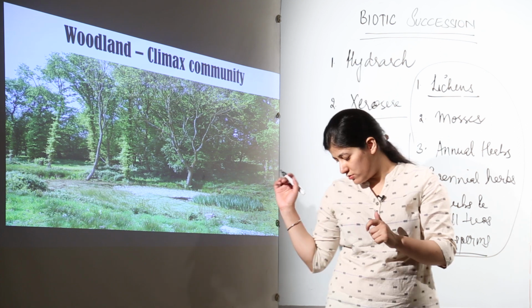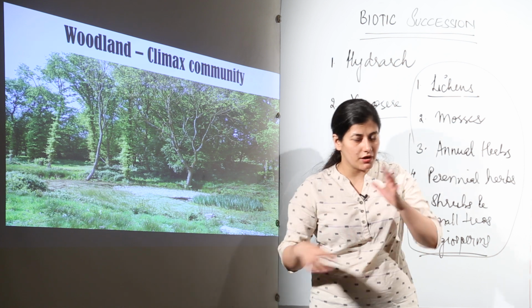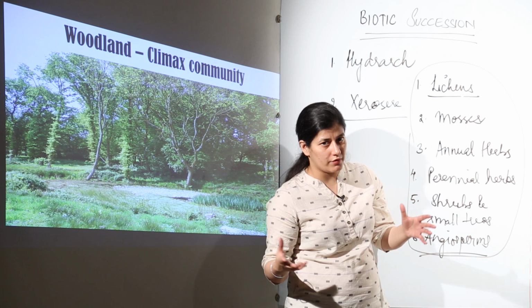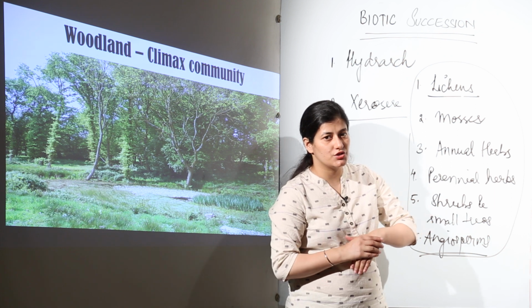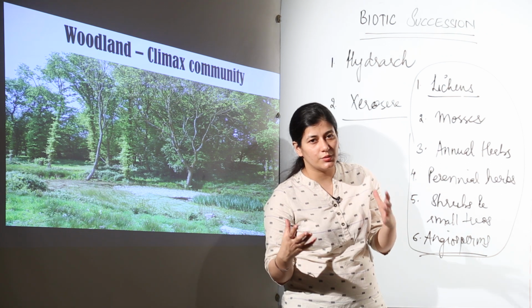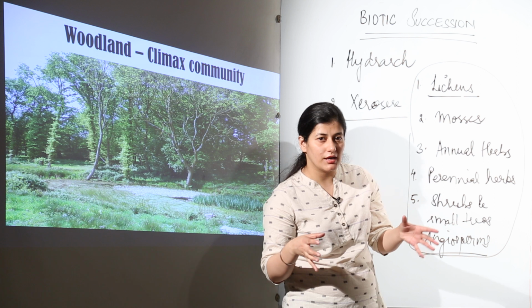Now that you have seen how succession takes place within a water body, you can very well imagine how it would be taking place on a bare rock. If you have to practically analyze it, I would suggest you to go to some bare place. Over there you will see that succession is working without anybody paying attention.